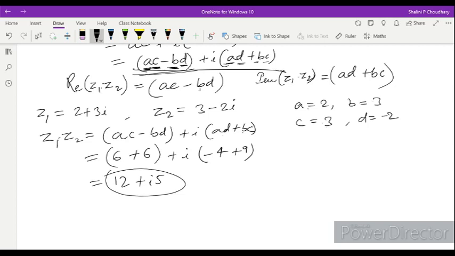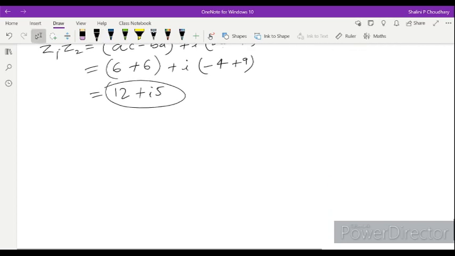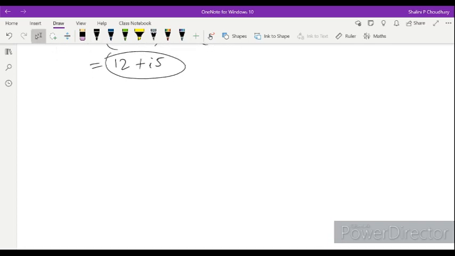Now we'll see the properties of multiplication. If we have three complex numbers z1, z2, z3, then first, z1 into z2 will be equal to z2 into z1.